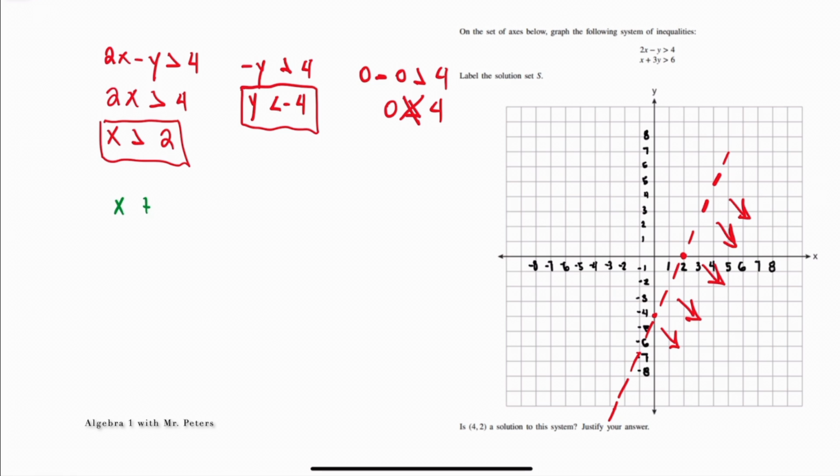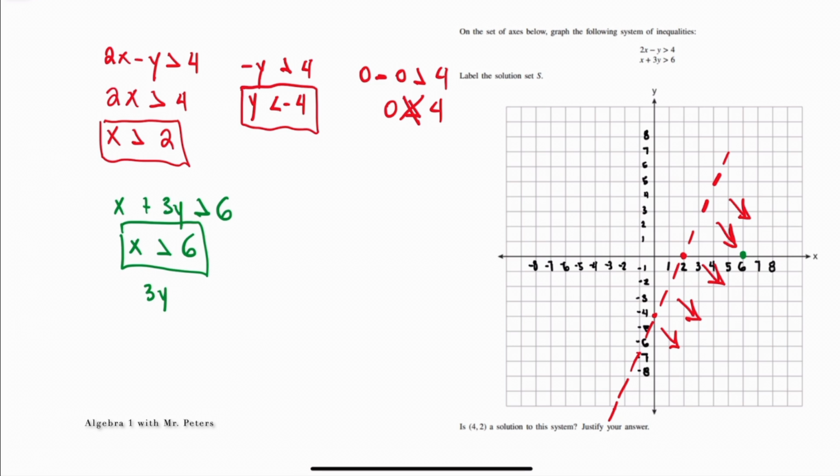So we have x plus 3y is greater than 6. So when y is 0, we have x is greater than 6 left over. So when we go over to the x-axis, here goes the second point. That's at 6. Then we go back, and now what we're going to do is make the x 0.